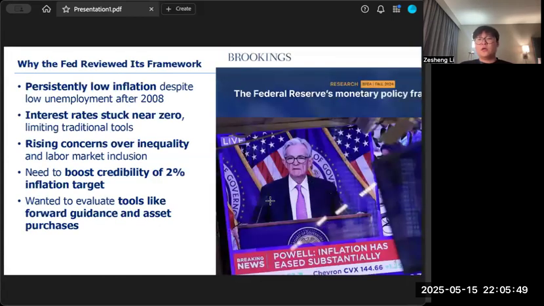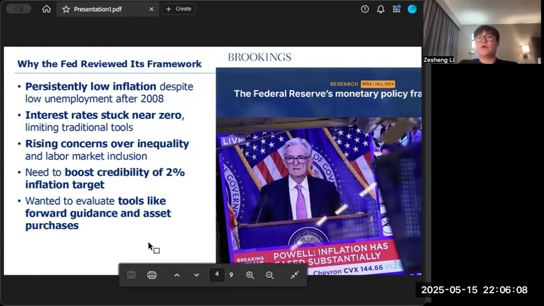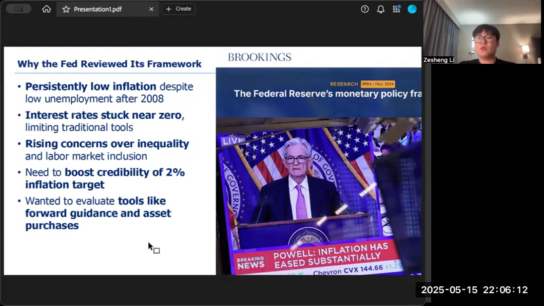So the Fed's decision to review its framework in 2020 wasn't random. It was driven by a clear set of challenges. First, since the 2008 financial crisis, inflation had remained consistently below the Fed's 2% target, even when unemployment was low.